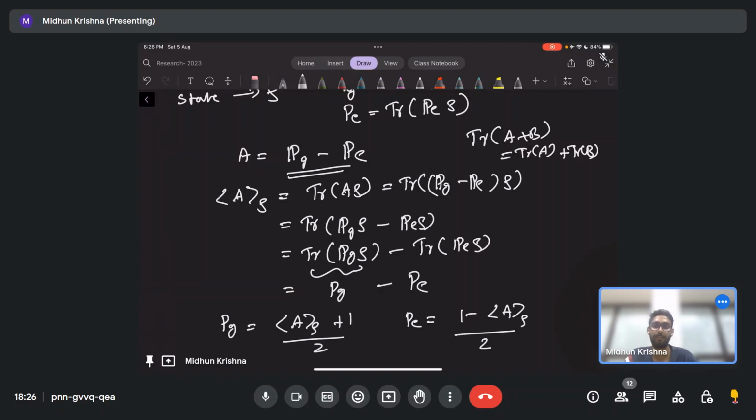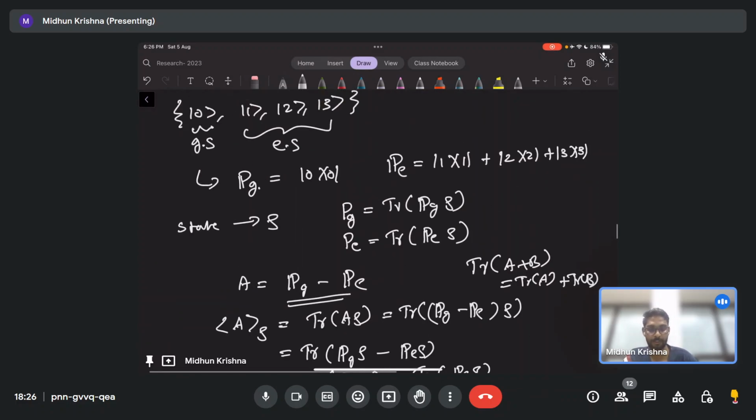Is that fine? My point is this way of writing is a mathematical way of doing it. Experimentally, when you do it practically, there are other caveats attached to it.